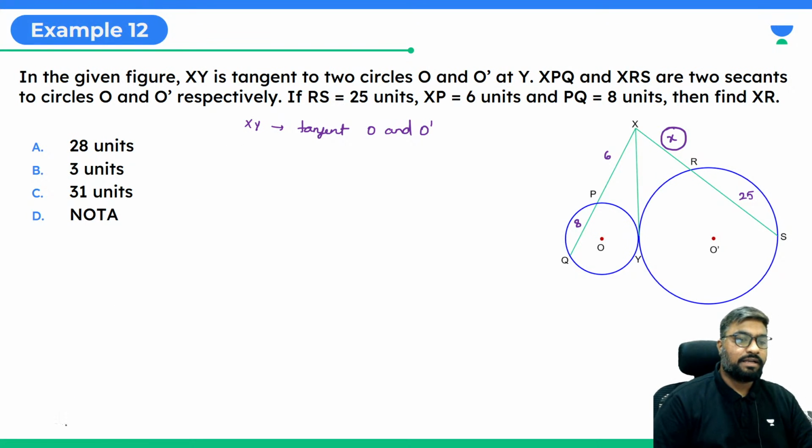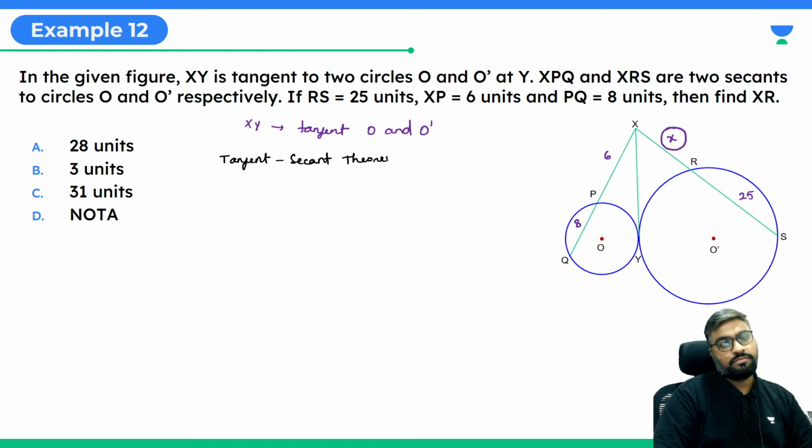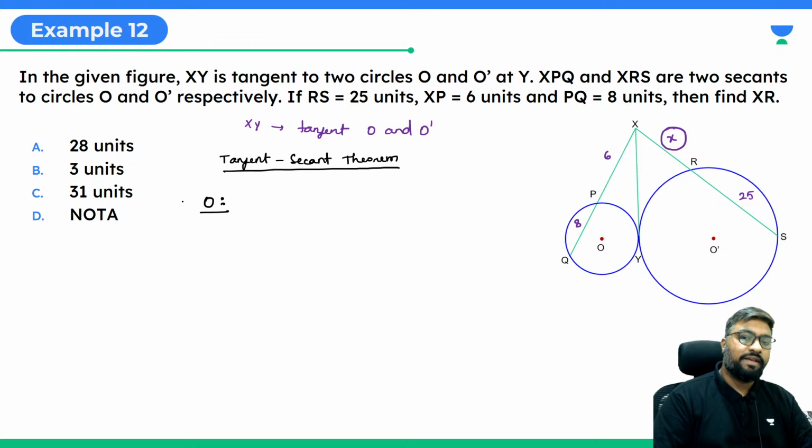So if we go by tangent secant theorem, first let's apply for this smaller circle O. We are applying for smaller circle O. Okay, so what will we get?